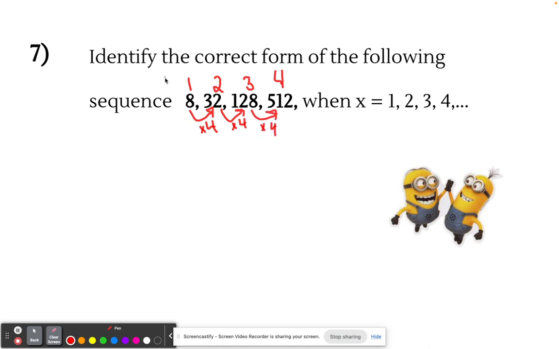So I do need to back it up to my 0 term. And if I said what number times 4 will give me 8, that would be 2. So my function rule is f of x equals my starting point, 2 times 4 to the power of x.